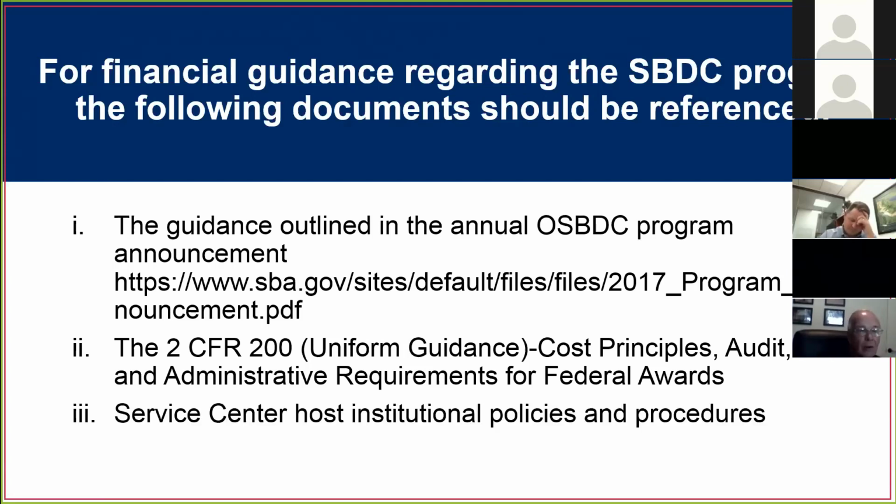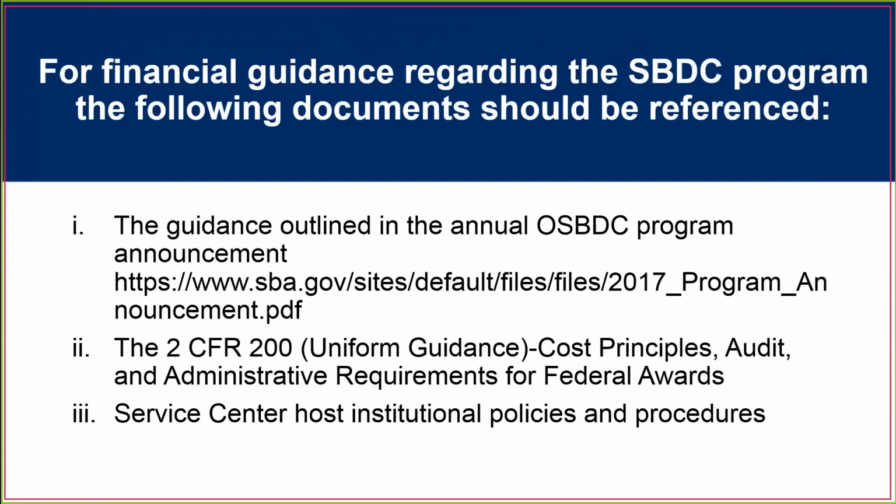And then your host institution should have policies and procedures that you should be following. There's the federal funding guidelines of uniform guidance. There's the specific grant guidance from the SBA, and then there's your host institutional guidance. And so that's what I would be looking for when I'm reviewing quarterly invoices and doing site visits. Are those being followed?